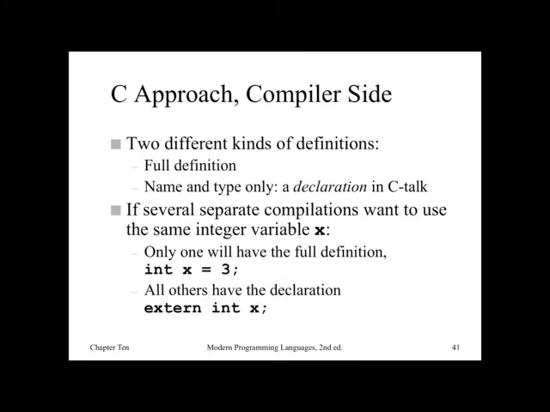One approach is what C does. C actually does what we can think of as two definitions. One is the actual definition, and the other is a declaration. By the way, in C talk, that's just how we refer to it.